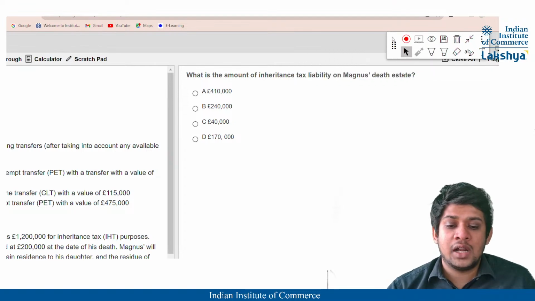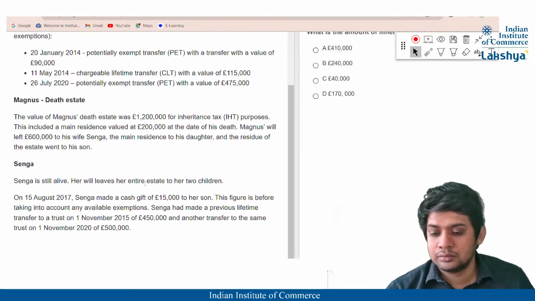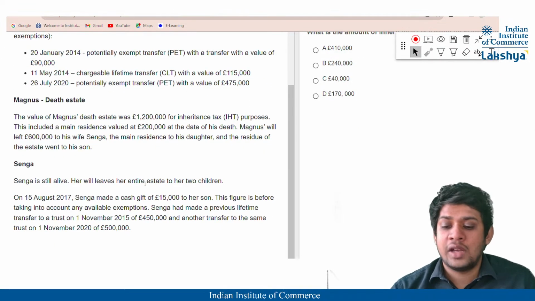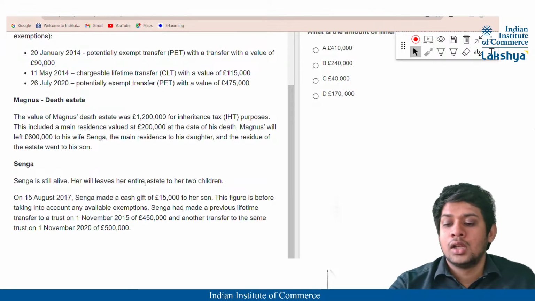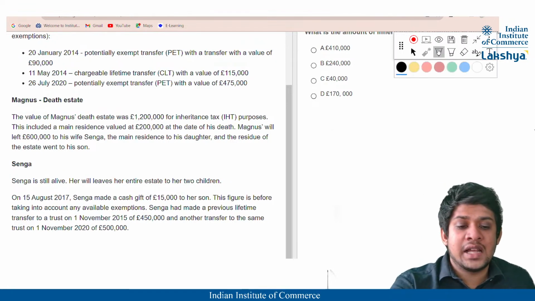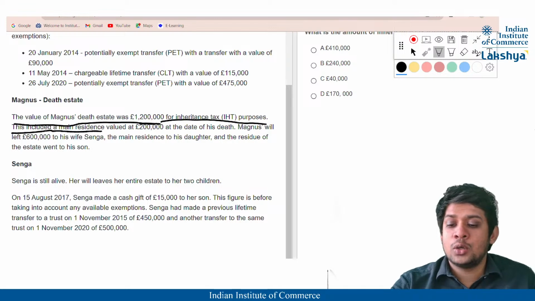What is the amount of inheritance tax liability on Magnus's death estate? So we have Magnus's death estate here, guys. The value of Magnus's death estate was 12 lakh for inheritance tax purposes. This included a main residence of 2 lakh pounds at the date of his death.